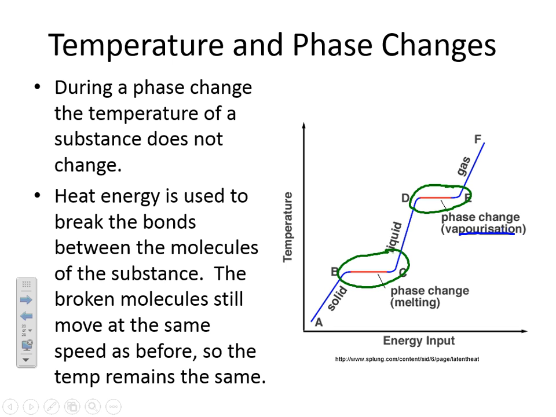If this was water, this temperature is 0 degrees Celsius right here, and when it goes from a liquid to a gas, this temperature would be 100 degrees Celsius. We're going to do a couple of labs in which we record temperature when we are working with phase changes. So something to keep in mind with temperature and phase changes.